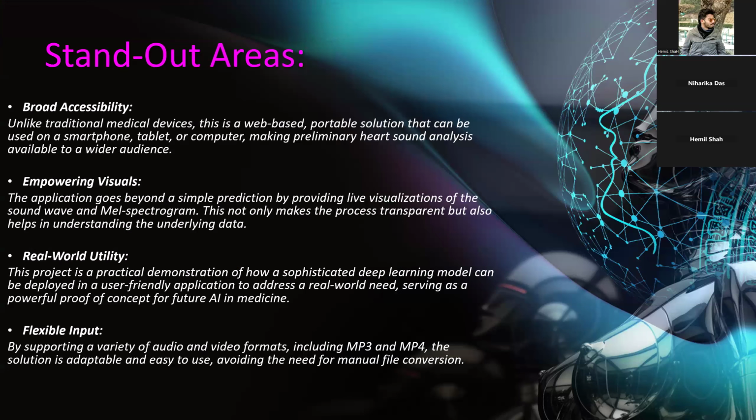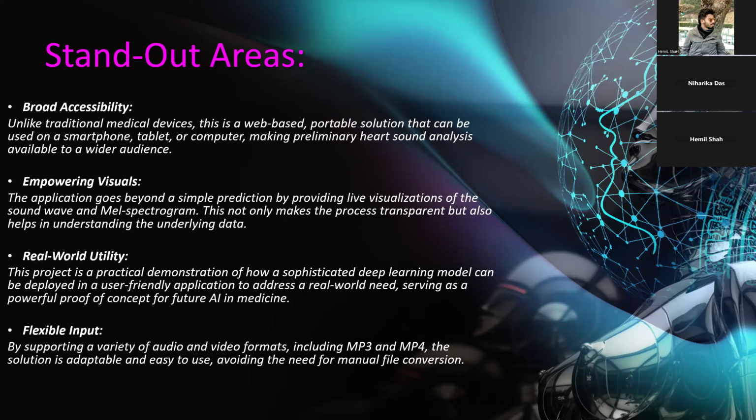So how our model is different from other solutions. Broad accessibility: you can access the app from a smartphone, tablet, or a computer. Our UI is compatible with all of these devices. Then empowering visuals: we have the sound wave and spectrogram for a visual basis as well.